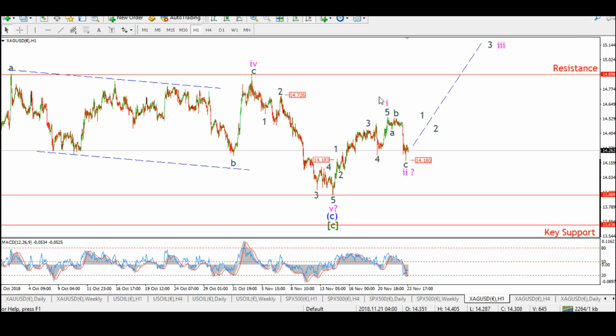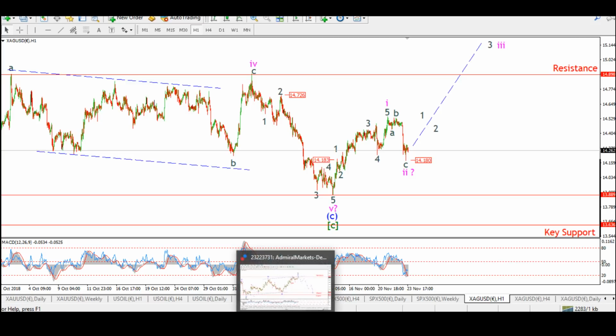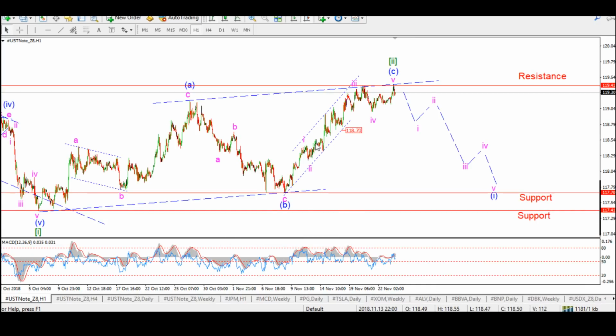Next week, if that wave 2 is complete, then we should see a spike higher in wave 3, and we've got that ever-present $15 mark, which a break of 15 is pretty much my long-term bullish confirmation level. So if that happens next week, well, then we're away to the races in silver.